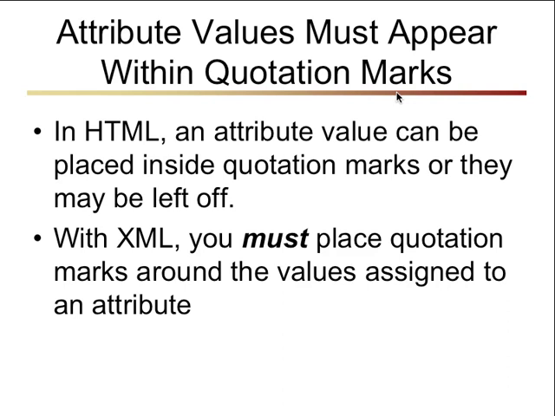And because of that, we have to separate all those three out, and we have to use it in our tag sets. If we just said red, it's going to bring it in as either a piece of data or as something not a string in terms of the attribute value. So in HTML, attribute values can be placed inside quotation marks, or they can be left off. Sloppy. In XML, you must place quotation marks around the values assigned to the attribute.